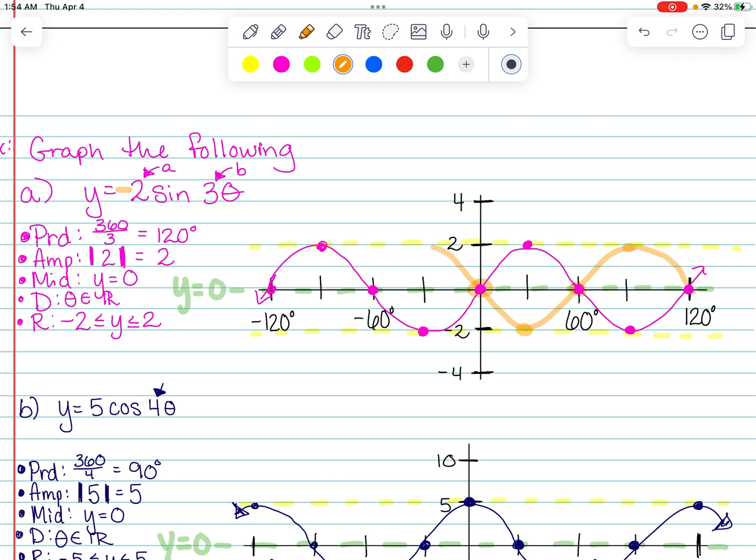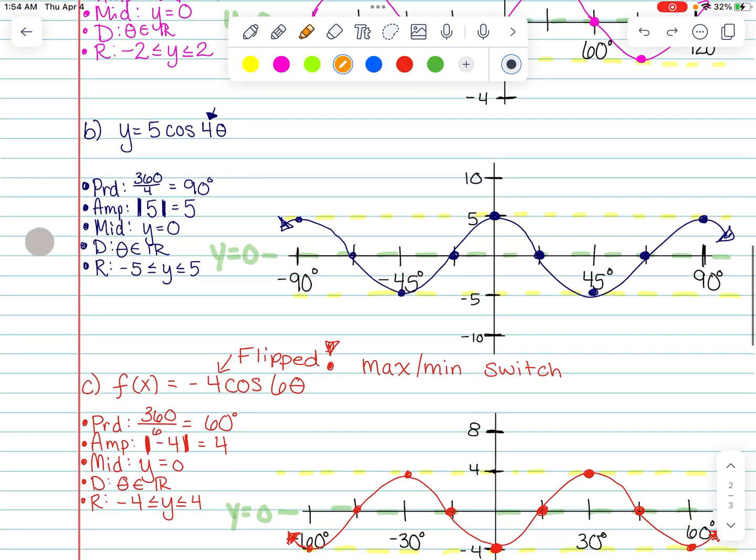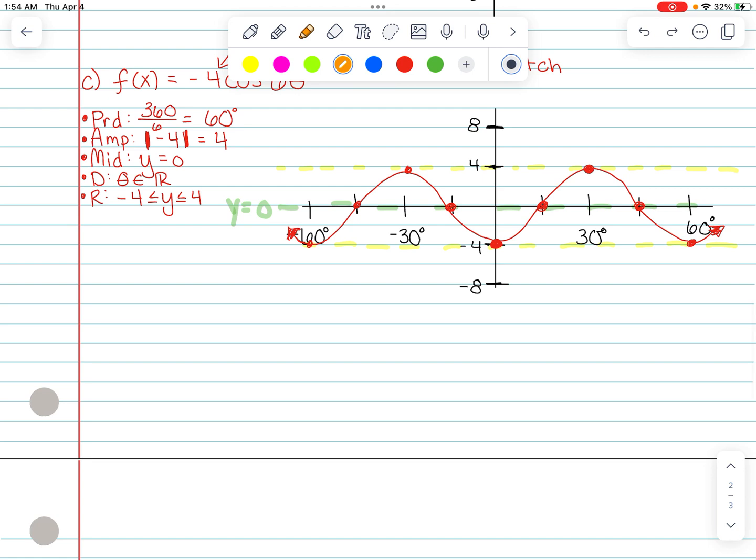If this one had been flipped over, it would have looked like this. It wasn't flipped, so I'm going to get rid of that, but I hope that makes sense.